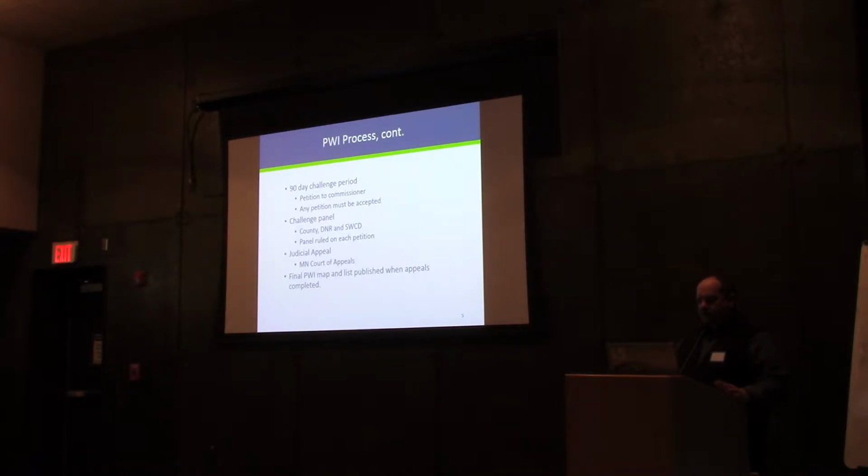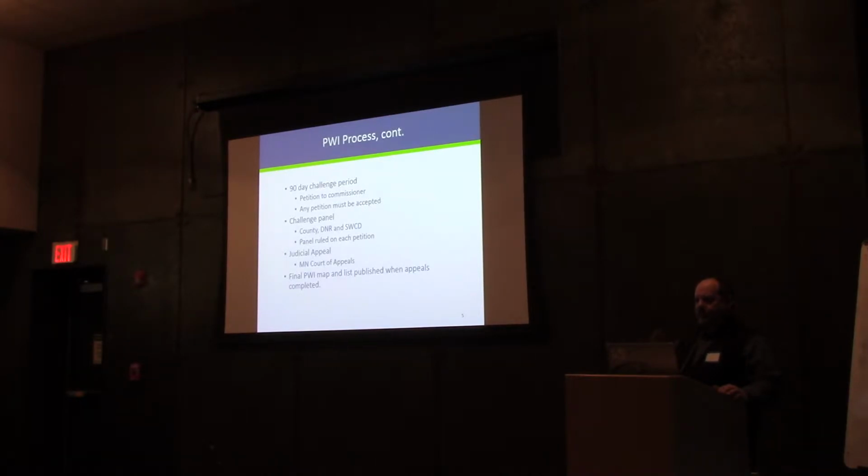And those petitions then were reviewed by a 3-member panel. And so this is county by county. So for a county, there was somebody appointed by a county commissioner, somebody appointed by the DNR, and somebody appointed by the county SWCD. So one way to think of it is the DNR was outnumbered 2-1 on any vote for each petition.